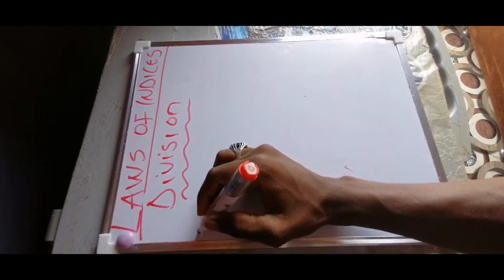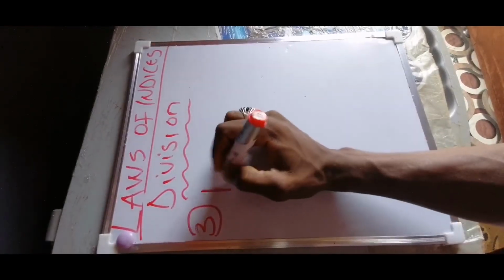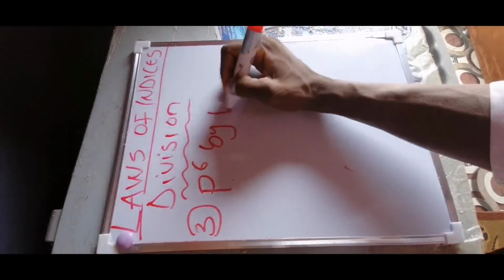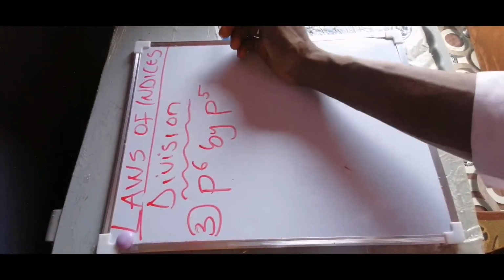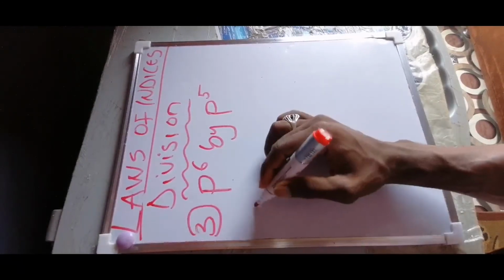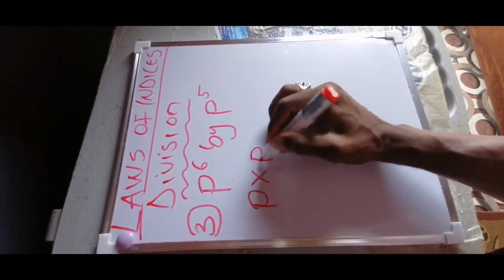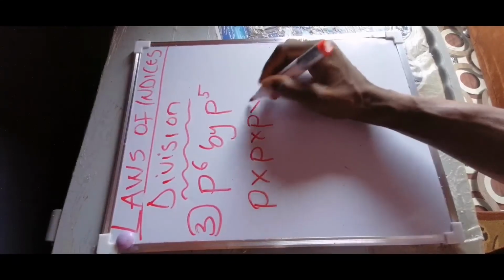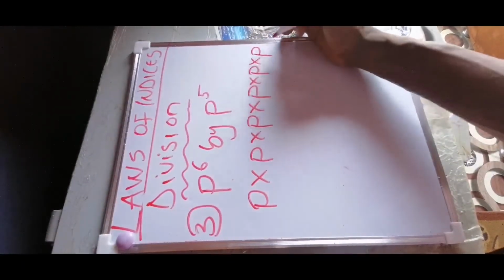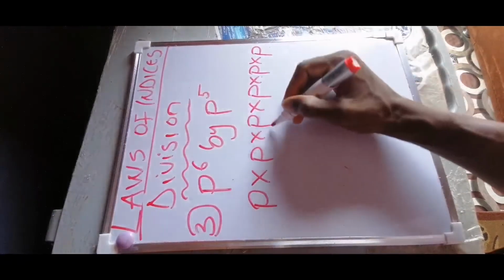The third one is p raised to the power of 6 divided by p raised to the power of 5. So here we have 6 p's: p times p times p times p times p times p. 1, 2, 3, 4, 5, 6.